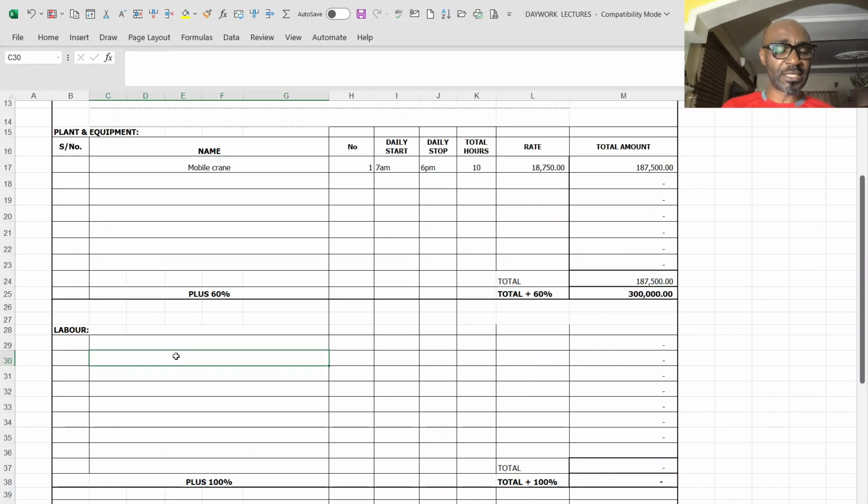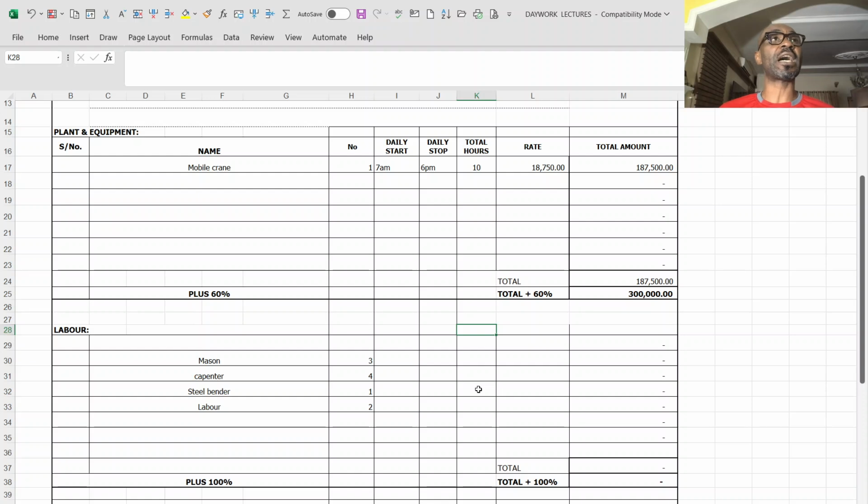Then say for labor, I'm expected to deploy workmen. I deployed 3 carpenters, 4 steel benders, and 2 laborers.